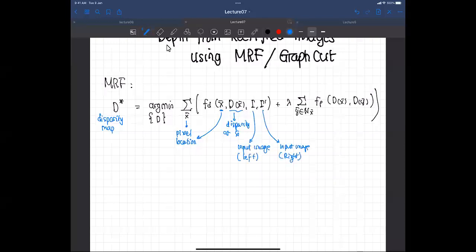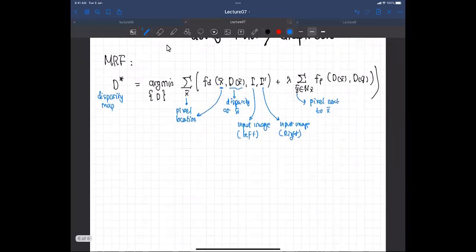Any questions about the definition of these variables? y is the neighbor, the pixels next to x. Any questions here, anyone, for the variables? Please ask if you don't, because otherwise it will be confusing for you to follow the whole discussion.